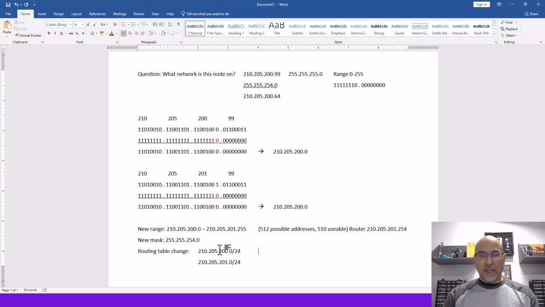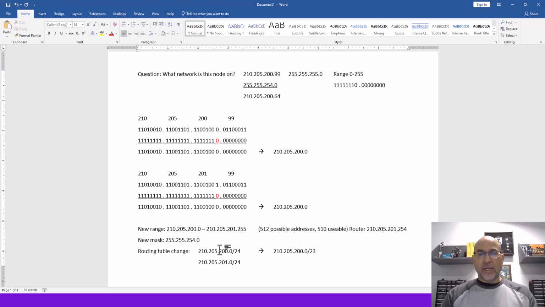What we are saying is that both of these could be aggregated together into 210.205.200.0/23. So the router can now collapse its routing table by one entry. And again, the key is in the binary.